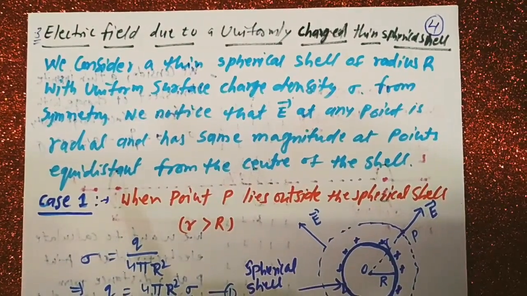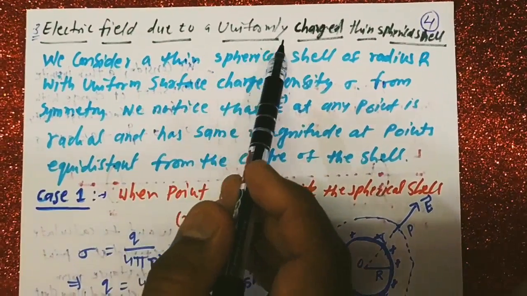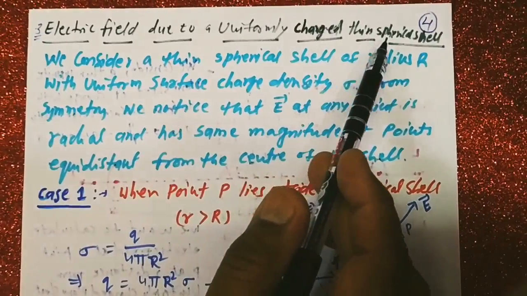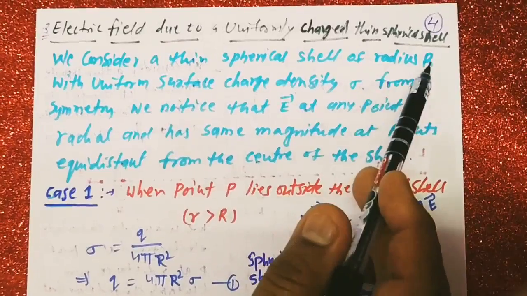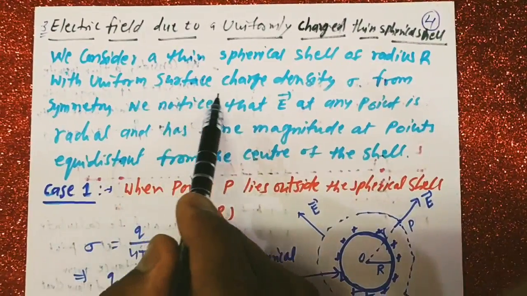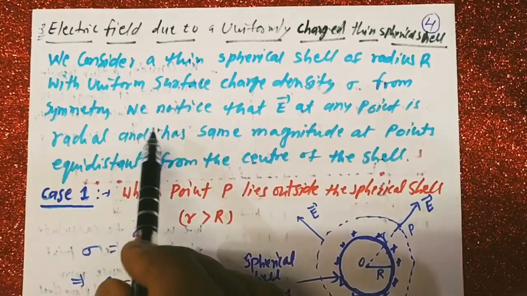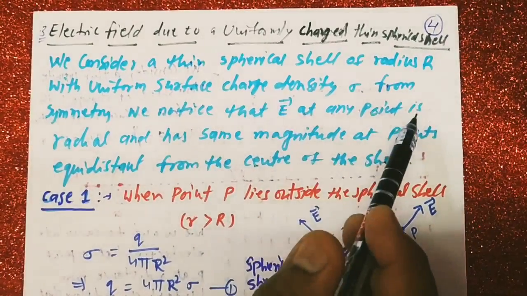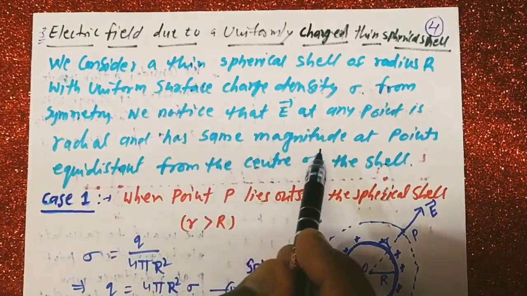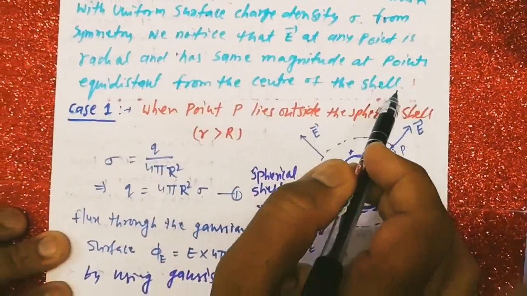Third important application of Gauss law: electric field due to a uniformly charged thin spherical shell. We consider a thin spherical shell of radius capital R with uniform surface charge density sigma. From symmetry, we notice that the electric field vector at any point is radial and has the same magnitude at points equidistant from the center of the shell.